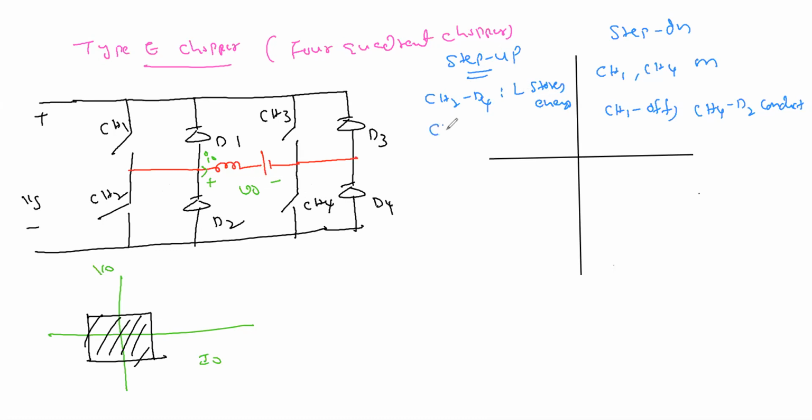When CH2 is off, ये बंद कर दिया तो पहले D4 है ना, now D4 the current has to, this we know, current has to go in opposite direction, so the current has to go this way. CH2 off, D1 D4 conduct.